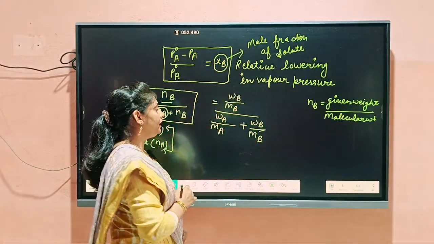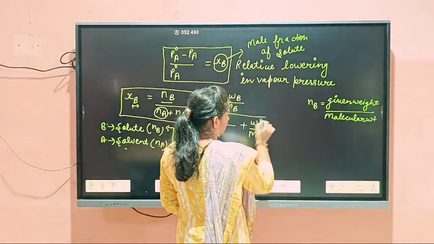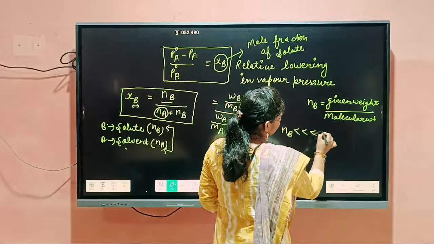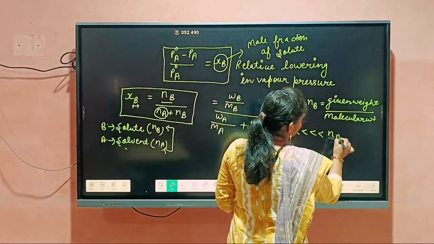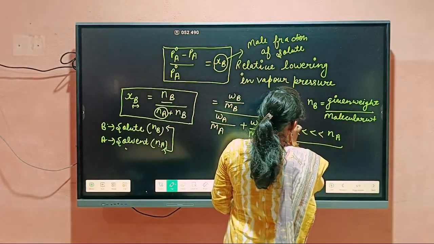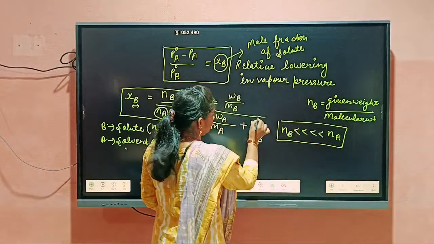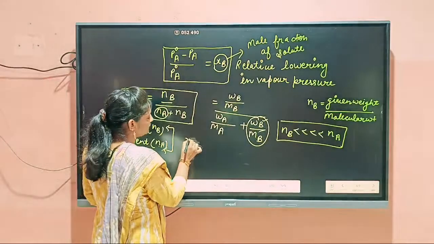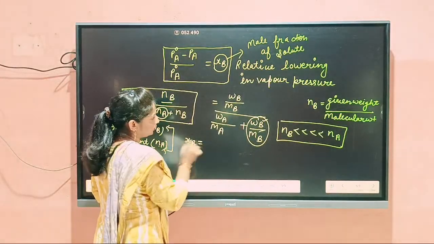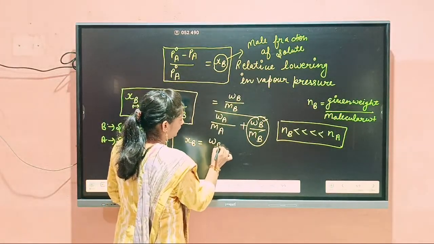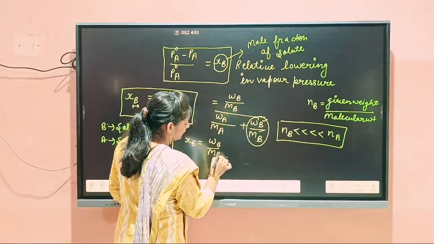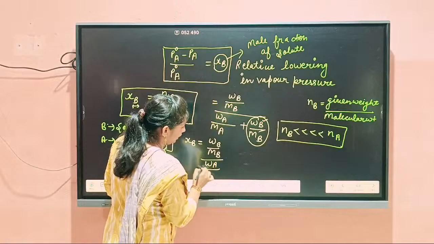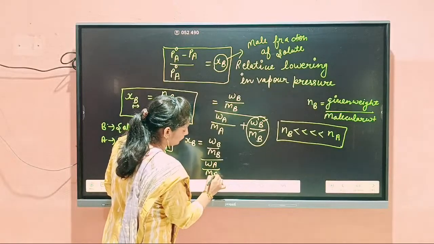But students, in dilute solution, NB is negligible as compared to the value of NA. So we can neglect this one. So from here, XB is equal to WB by MB divided by WA by MA.